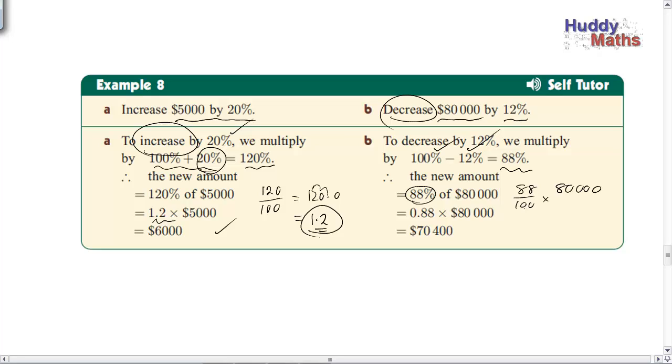On the calculator you might change this to a decimal: 88 is 88.0, dividing by 100, so the multiplier is 0.88, and you go straight to the answer. You will only pay 88% of the original, so there's a straight answer. This is the one-step method. Very important to be able to go straight to the answer in one step. For what we're going to do later on in maths, you need to have this multiplier tucked away.